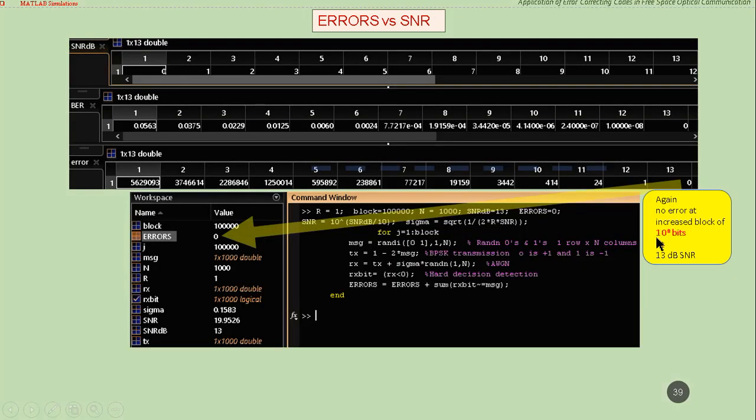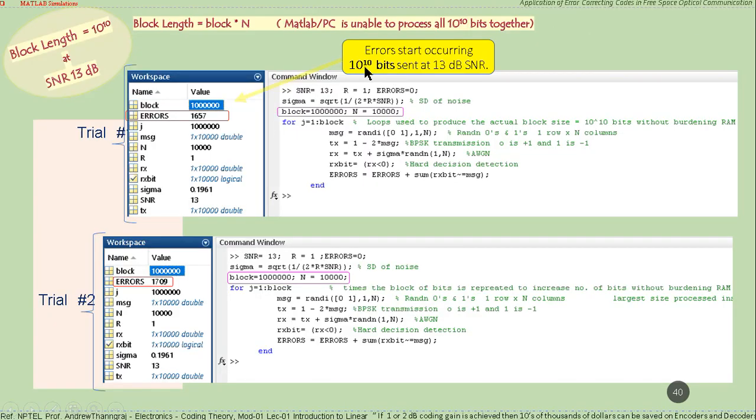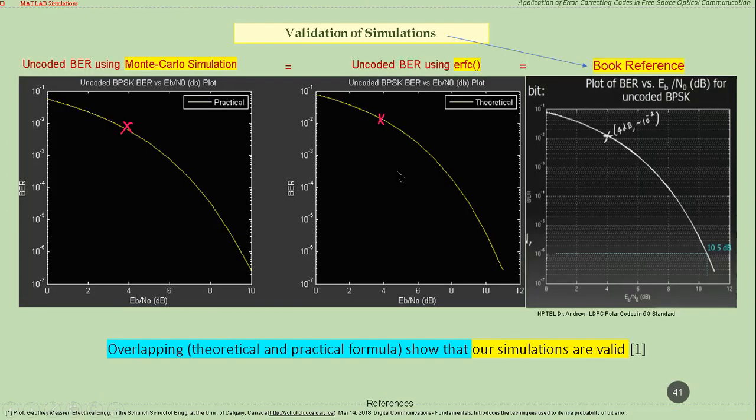I increased to 10 to the power 8 from 10 to the power 7, still no error. Then I increased to 10 to the power 10, and then so many errors started coming up. That means we can see that we need energy to send bits. The more the bits, the more energy is needed.